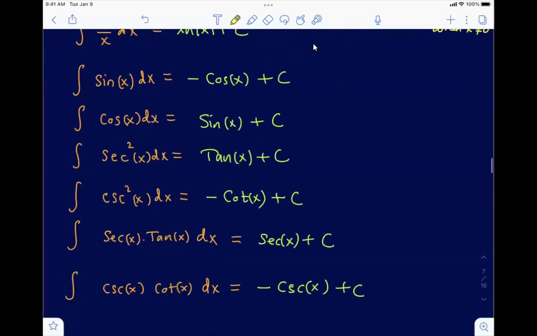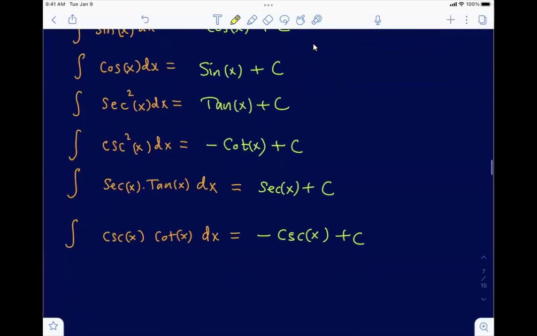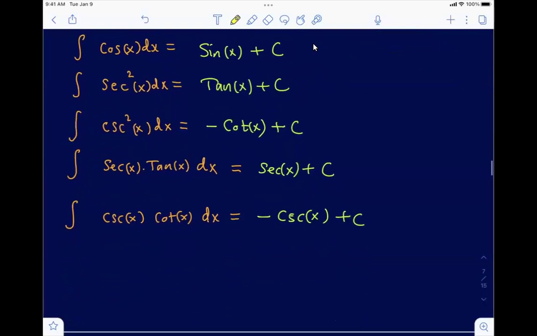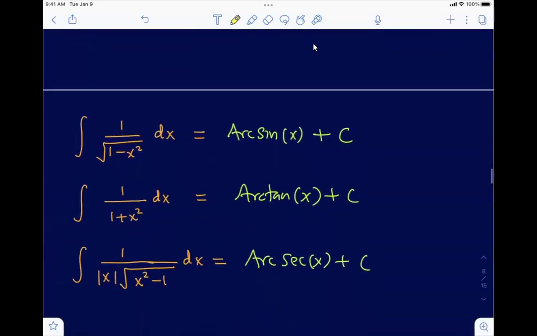These are none other than the direct reversals of the derivative formulas. You've seen the derivative, so we reverse it. So with that, the last couple of applications are just results of inverse trigonometric derivatives.